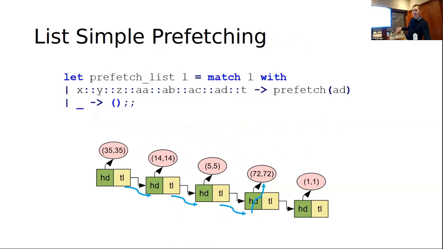With linked lists, you can't do the same trick, right? You can't walk ahead in a linked list implicitly. You have to do it explicitly by just traversing through everything. So what we've got in the simplest case is this kind of wacky pattern match thing here, where we pattern match out like 8 elements of this thing and say, okay, we've got our 8th element, prefetch that thing, and then on the next iteration, you do the exact same thing, right?